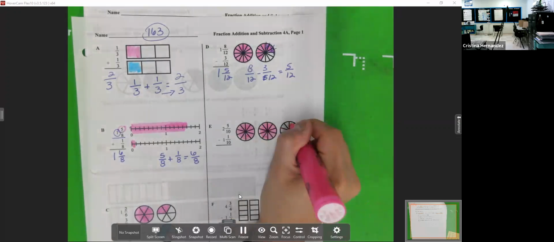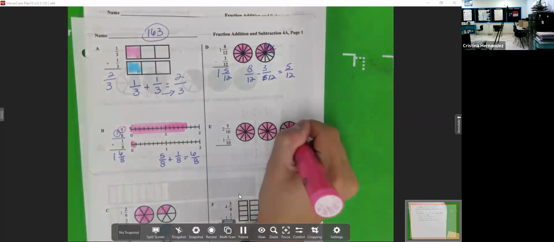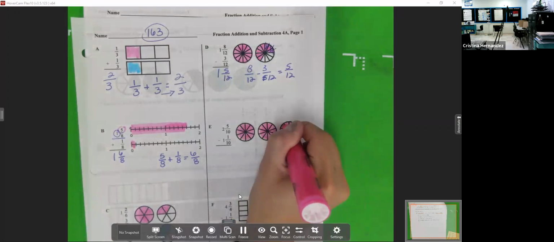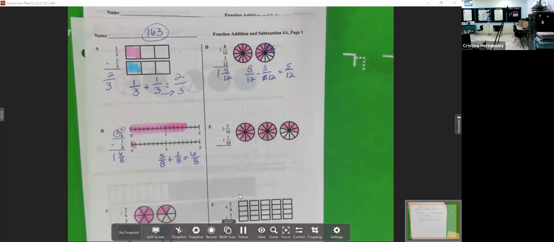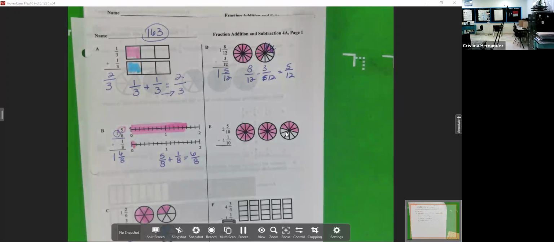And how many am I getting rid of? Daniel, pay attention. How many am I getting rid of? How much we're getting rid of is 1 and 1/10. So 1.